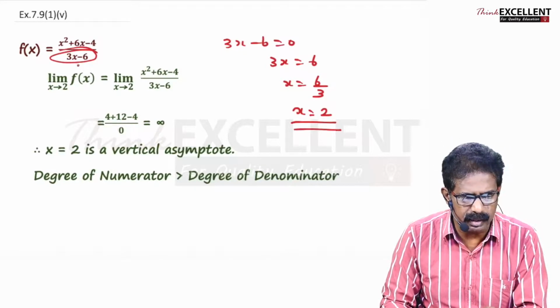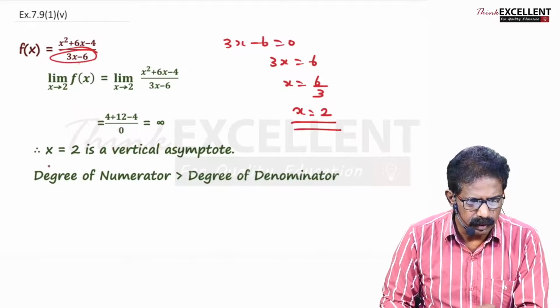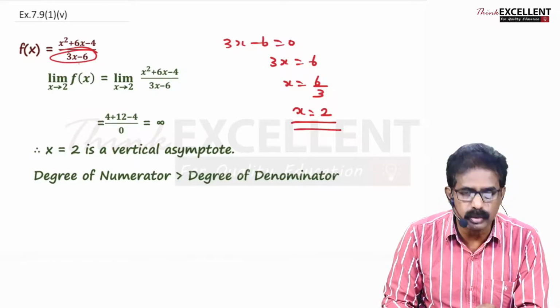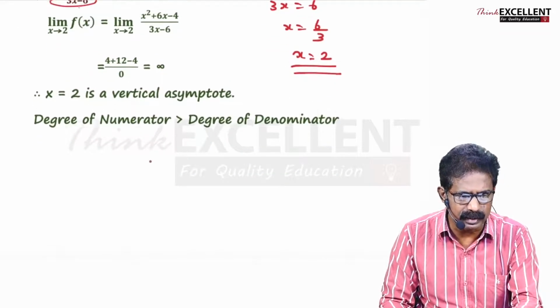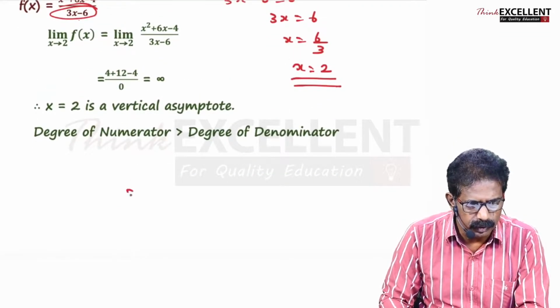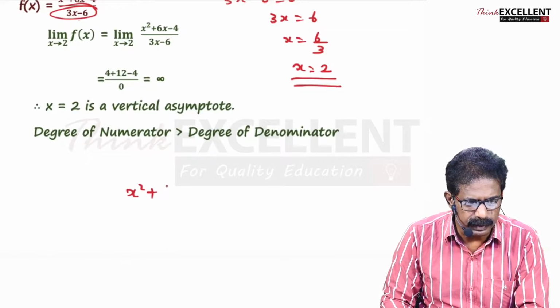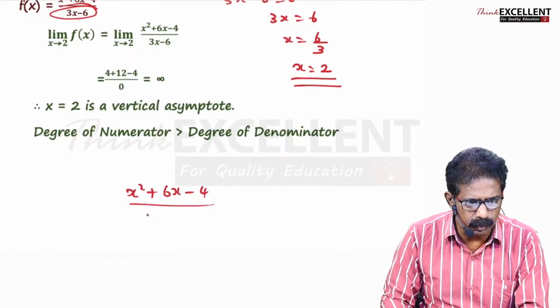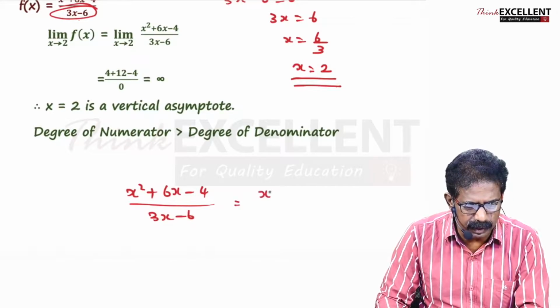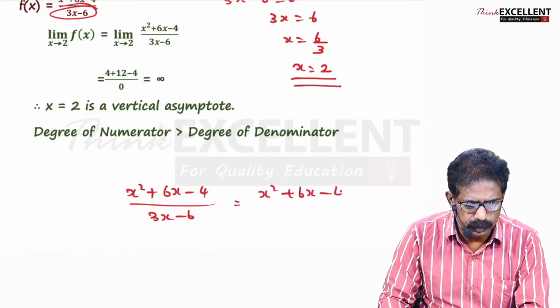There won't be any horizontal asymptote. Now degree of the numerator 2, degree of the denominator is 1. So there is a slant asymptote. So you have to divide it. So x square plus 6x minus 4. We have to divide by what? 3x minus 6. But please listen, in the denominator, 3 is common, x minus 2.